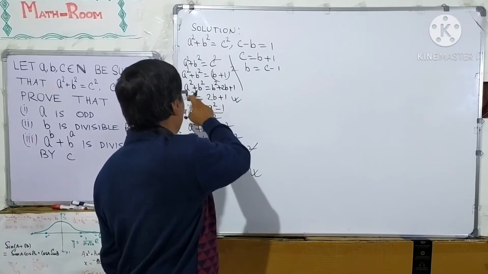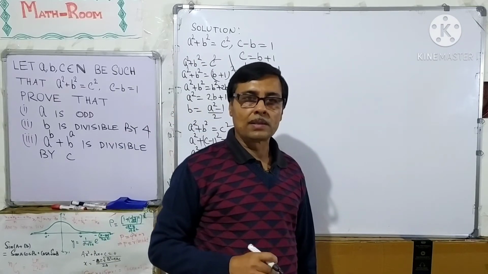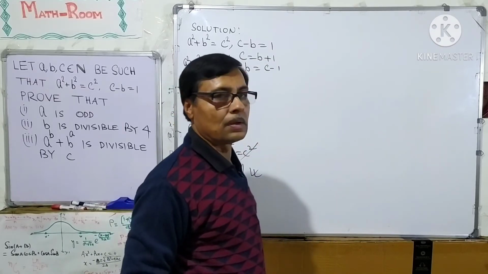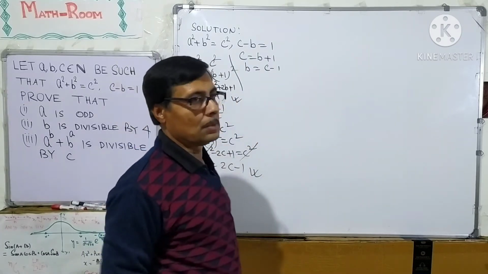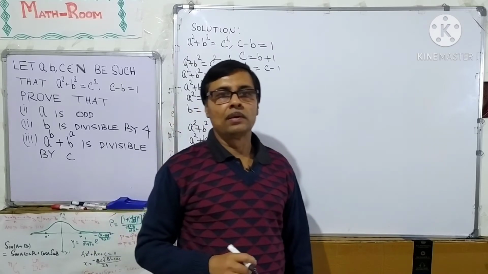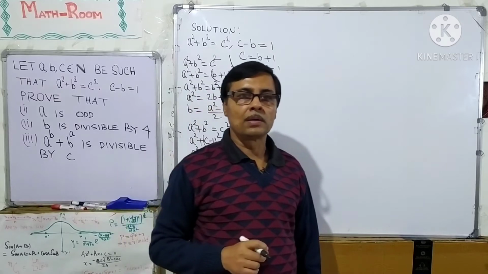So we can say that a square is an odd natural number.